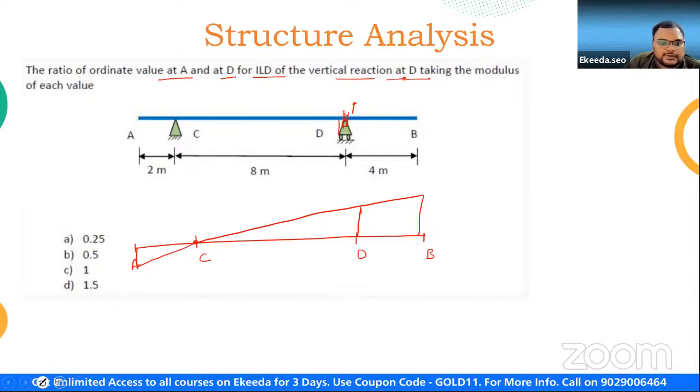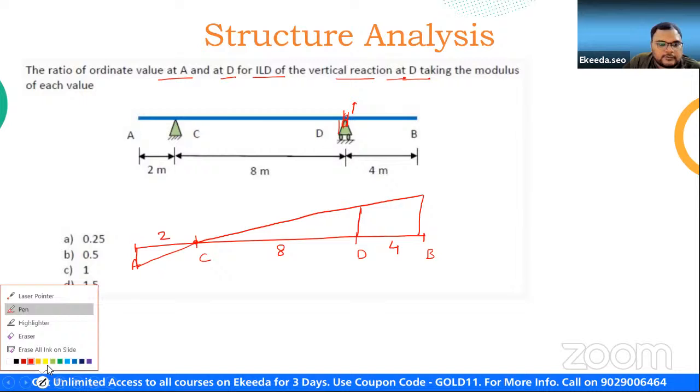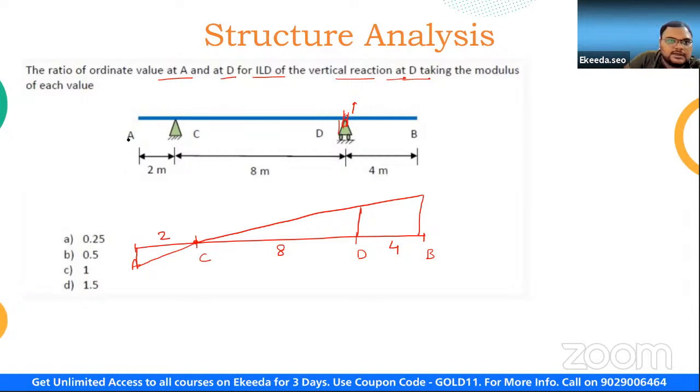Now, what does the question say? Let us say this is 2, this is 8, and this is 4. Now, what is asked in the question? See here, the ratio of ordinate value at A. Let us say this is alpha, and at D, let us say this is beta.